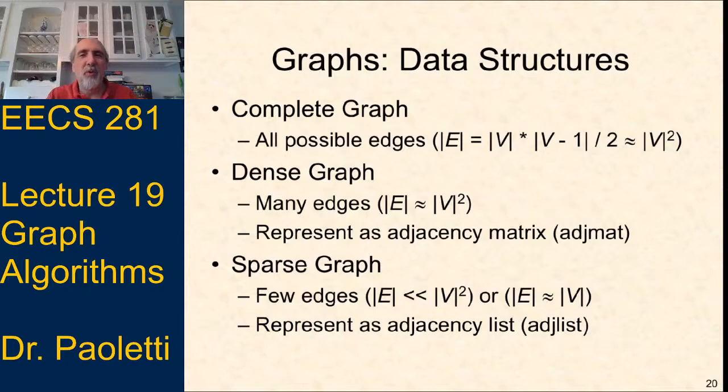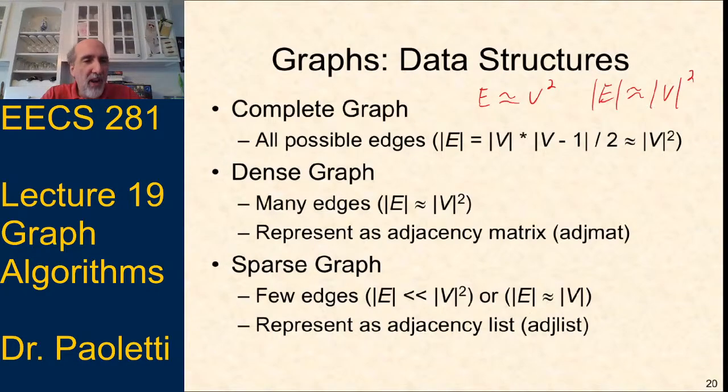So we will sometimes in our slides get a little bit sloppy and say things like E is approximately equal to V squared, when really what we mean is the size of the set E is approximately equal to the size of the set V, the quantity squared. So we can write it either way. We just have to understand that to be rigorous, we should put the vertical bars to say size of the set, but we often don't for convenience's sake.